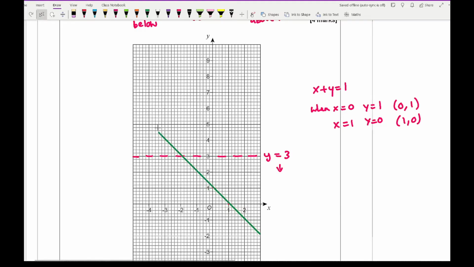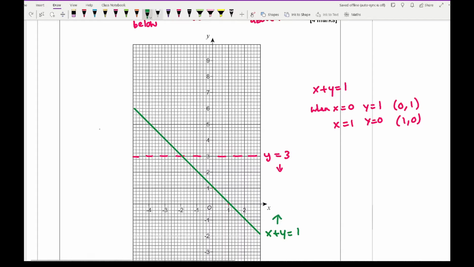Like so, and just extend that line. And whenever you're doing a graph, always make sure that you are trying to extend your lines beyond what you've plotted. So this line here is x plus y equals 1, and I want above that line.